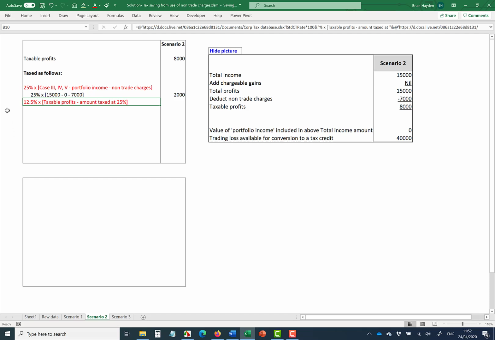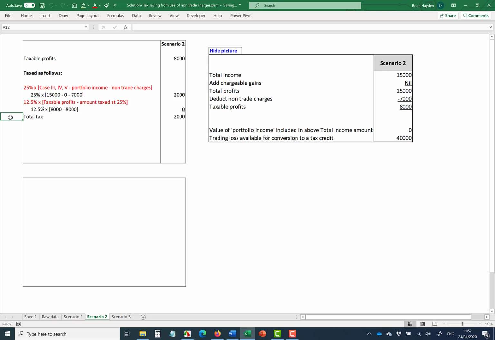Okay, so taxable profits are 8, but we've already taxed essentially 8, so it's going to be 0 tax at 12.5%. So my total tax is 2,000. Now again, we don't have this in this question. The 243B tax credit is 0. Okay, so we're still left with 2,000, and then we have to deduct the tax saving under 396B.